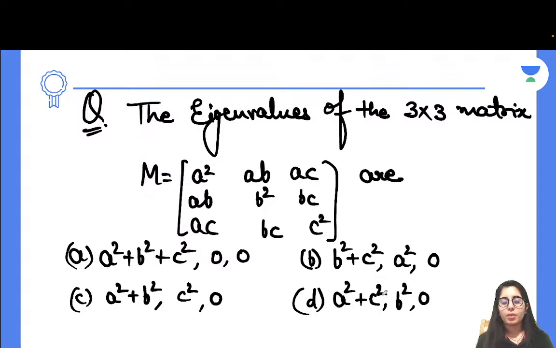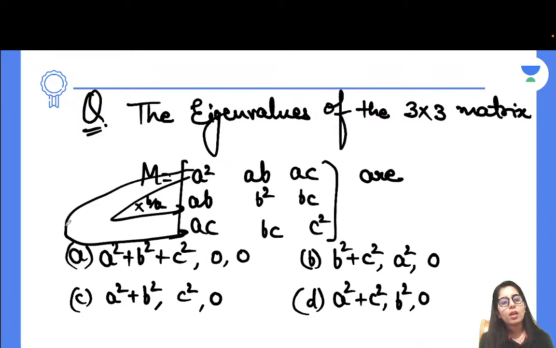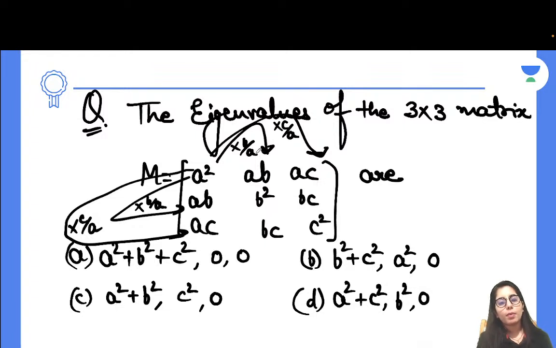If you observe this matrix, you can clearly see that if you multiply the first row by B/A, you get the second row elements, all elements like 1 by 1, and if you multiply it by C/A, you get the third row elements. Likewise, if you multiply the first column by B/A, you get the second column elements, and in the same way, if you multiply the first column by C/A, you get the third column elements.